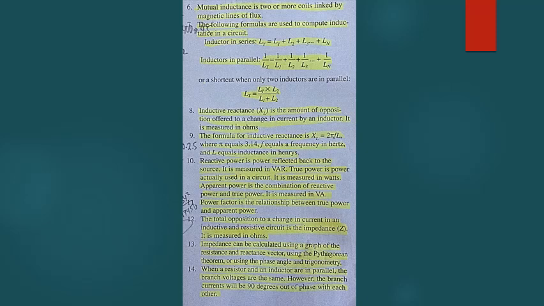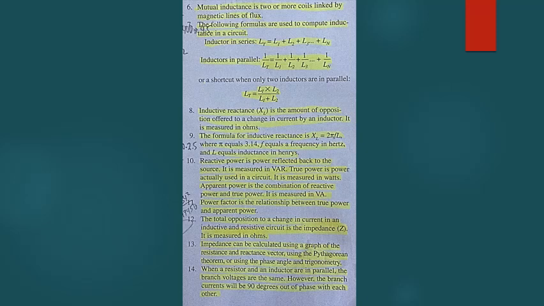For inductors in parallel, we use the formula 1 divided by inductance total equals 1 divided by inductance 1 plus 1 divided by inductance 2 plus 1 divided by inductance 3, etc. A shortcut when only two inductors are in parallel is the following, where inductance total equals inductance 1 times inductance 2 divided by inductance 1 plus inductance 2.